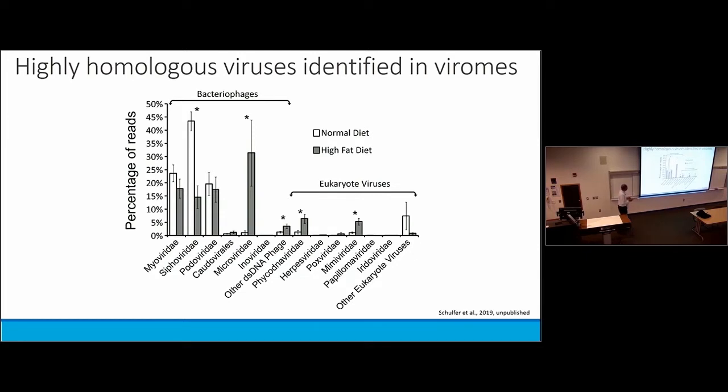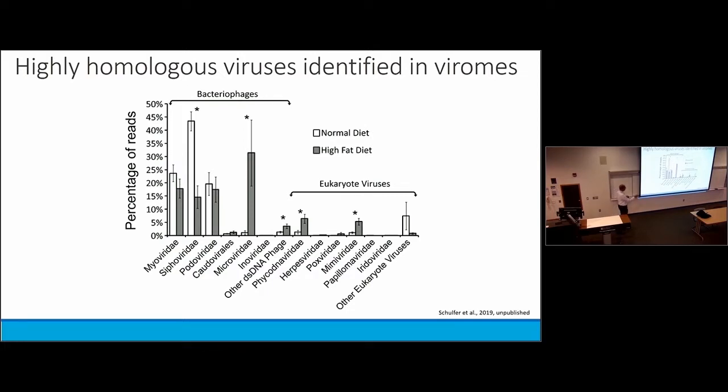And if we look at this same information a different way, we can see that this bloom is highly statistically significant once we transition those mice to high-fat diets. But the other thing that we see is similar to what we saw in patients with periodontal disease, which is the siphoviruses tend to be replaced by a different type of viruses.